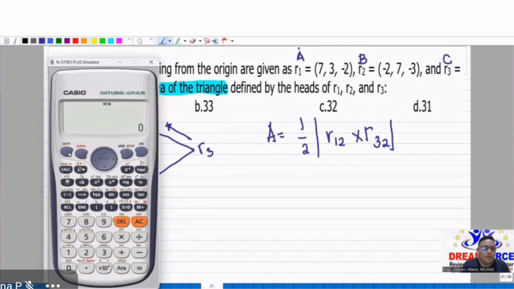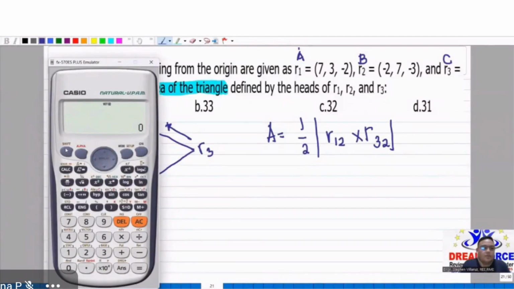Then, we have AC. So, shift vector, dimension. Next is vector 2. Okay, vector B. Okay. Then, ilang dimension? So, 3. Ayan. So, we have negative 2, 7, and then 3, or negative 3.